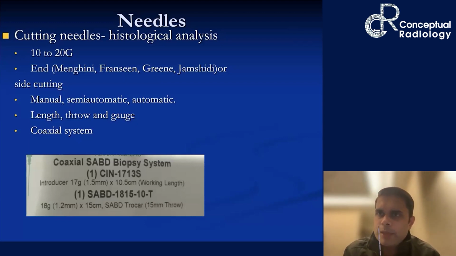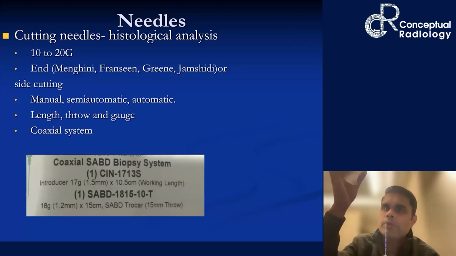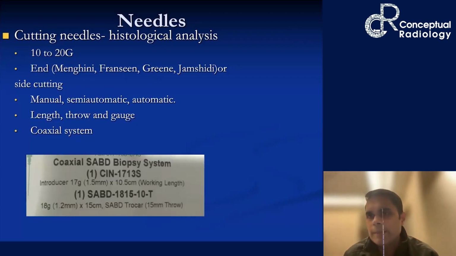And I have opened this up right now. Now, when I fire this gun, both the things fire together. So this is the automatic gun. And when I pull it off from here, the sample will be there. So it's a side cut thing. You would have this second cannula on top of it, goes over it and cuts a piece of the tissue. So that tissue we can take out, give it in a sample box, go again.